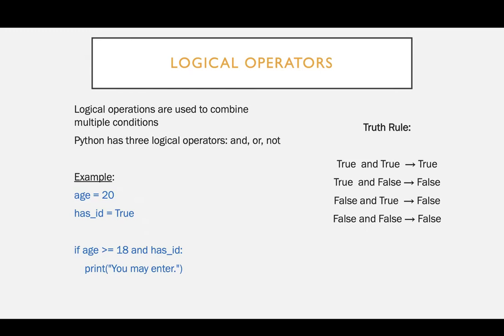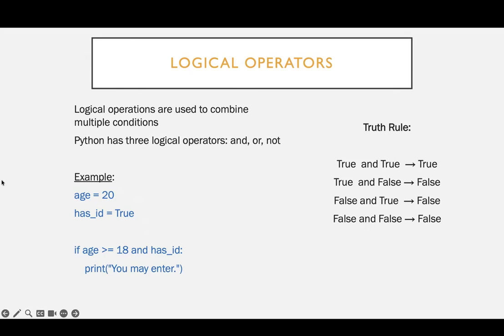In addition to those comparison operators, we can also have logical operators to combine multiple conditions. In Python, there are generally three logical operators: and, or, not. They match with our natural language, right?